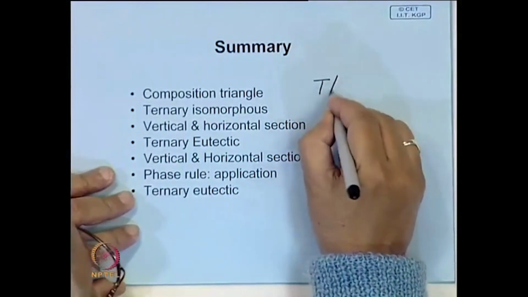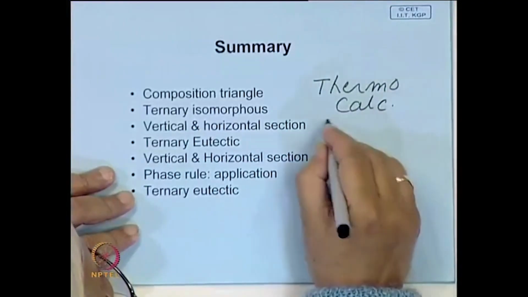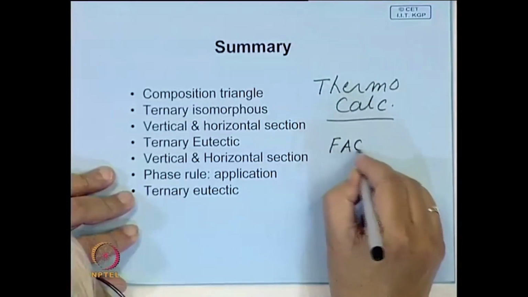In fact, there are nowadays thermodynamic databases with programs that work by minimizing free energy, which, with the available thermodynamic data, can calculate the expected number and type of phases and their compositions. Two very common packages are Thermocalc and FactSage, and there may be others also.